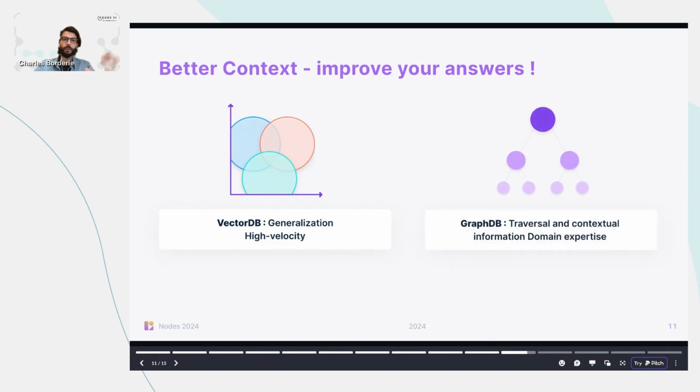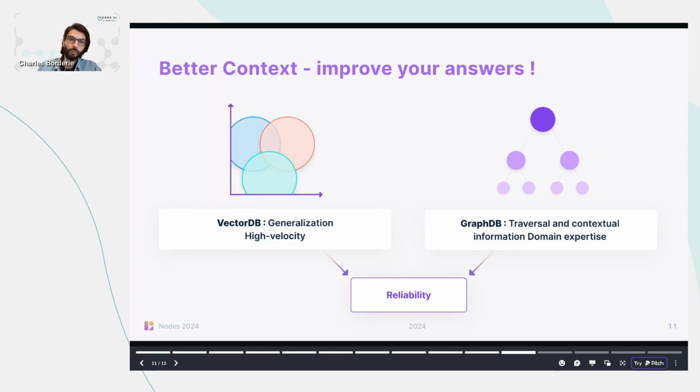core of the graph RAG is the hybridization of a vector store and a graph database. So we are not purely working on knowledge graphs. We are also leveraging the high computing of the vector store and the embedders, the high velocity they have, but also we are adding a lot of domain expertise through the ontologies that we build with our users, that we automatically build into our solution.